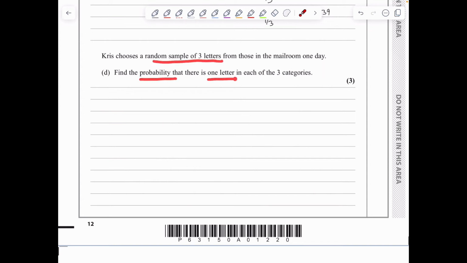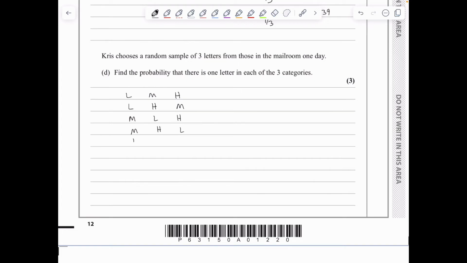Well, we could start by listing all the possibilities. So we could have a light, a medium, or heavy letter, or light, heavy, and then medium. Or we start with a medium, then light, then heavy, or medium, heavy, light.